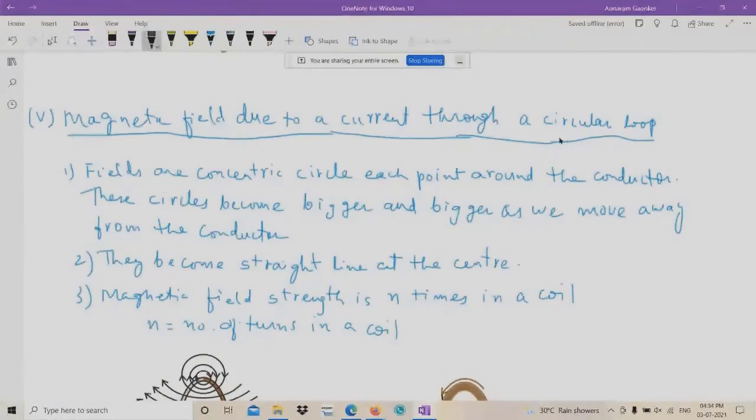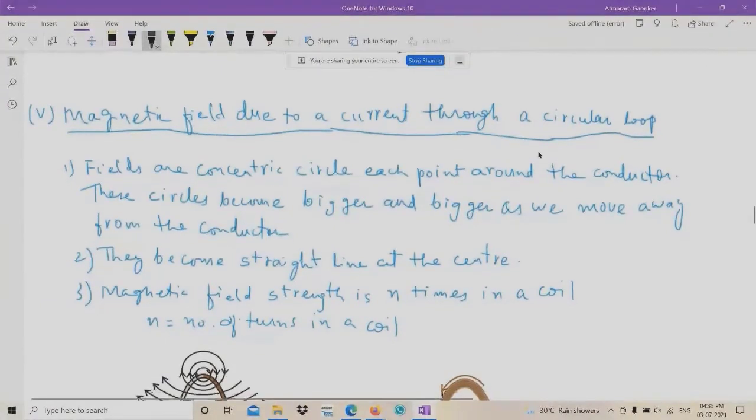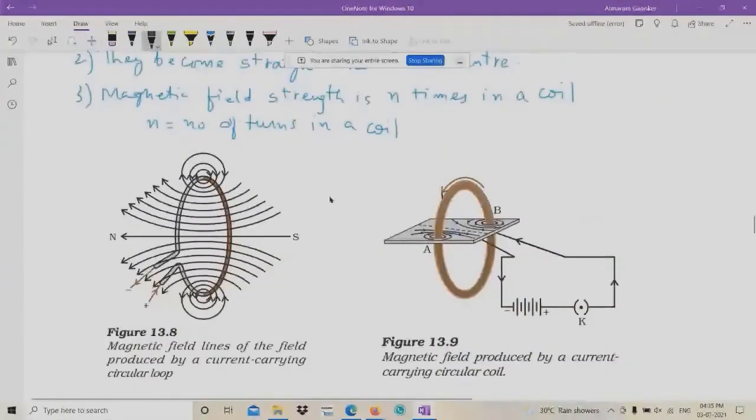Now the second case is the magnetic field due to a current through a circular loop. What is a circular loop? Instead of a straight conductor, a conductor is bent in a circular shape like this, and current is passed through this circular loop.